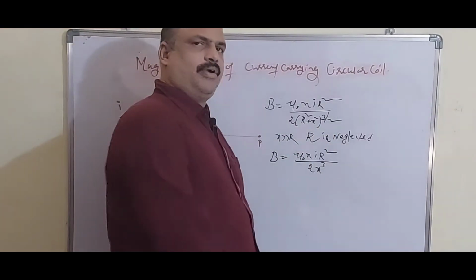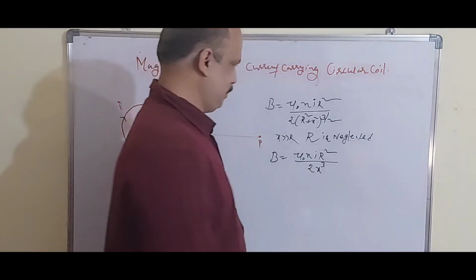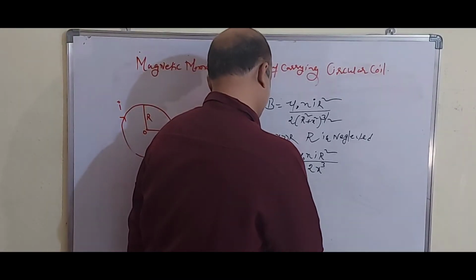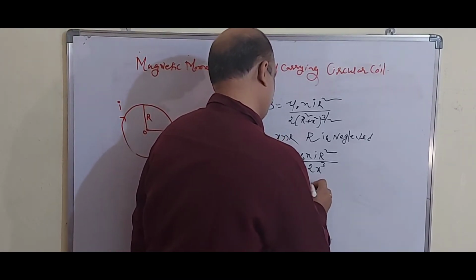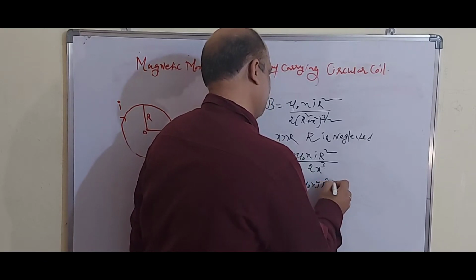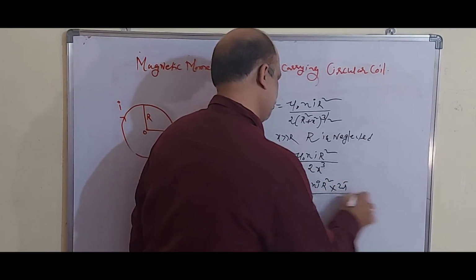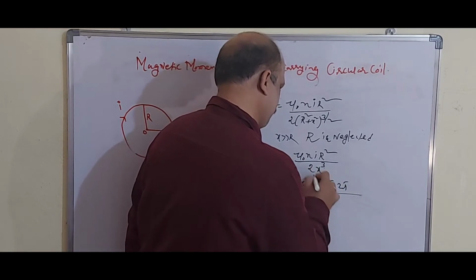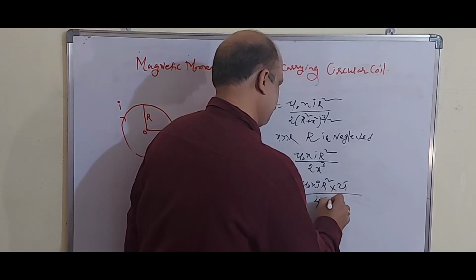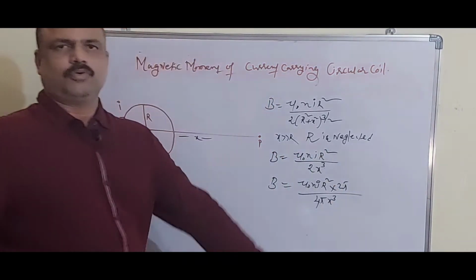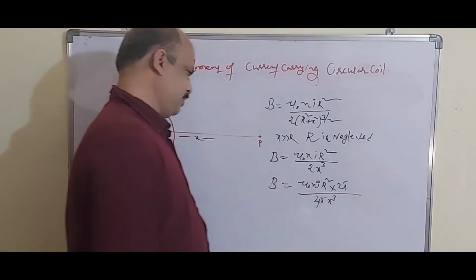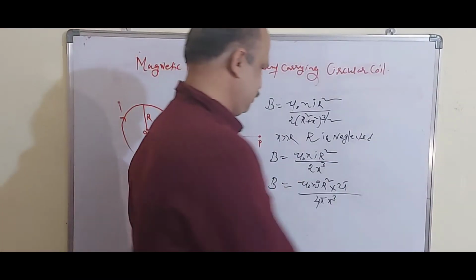Multiply and divide this fraction by 2π. So, B = μ₀NIr² × 2π / (2π × 2x³), which is 4πx³. Now, rearrange the terms.